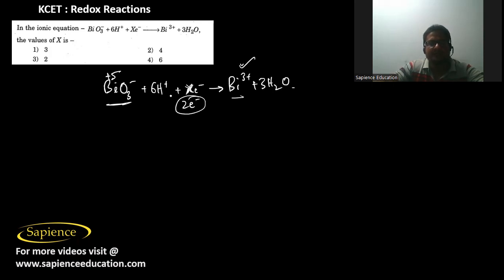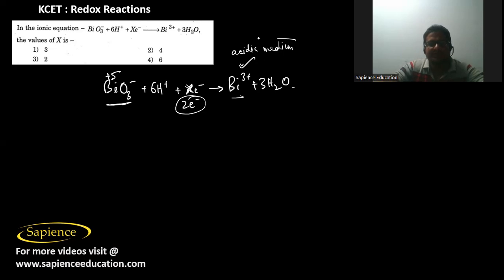And here it has been balanced in an acidic medium, since H plus has been used. The number of hydrogen atoms is the same on both sides, and the number of oxygen atoms is also the same on both sides.